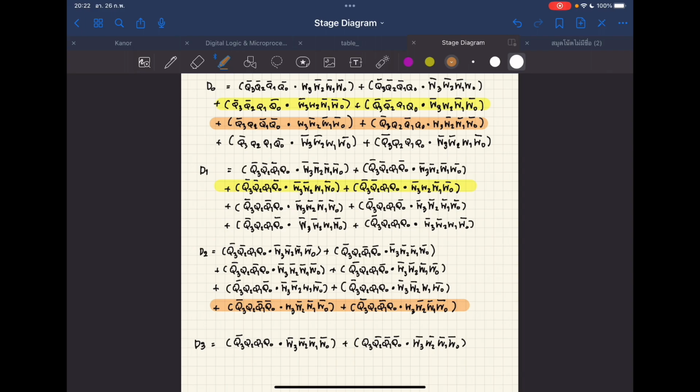Also this equation is the same as this equation.